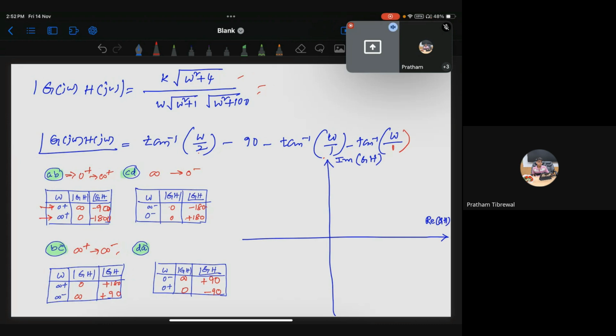The first one starts at infinity magnitude, but the angle is minus 90, correct? So it is starting at this point. Is this clear? This is a point.